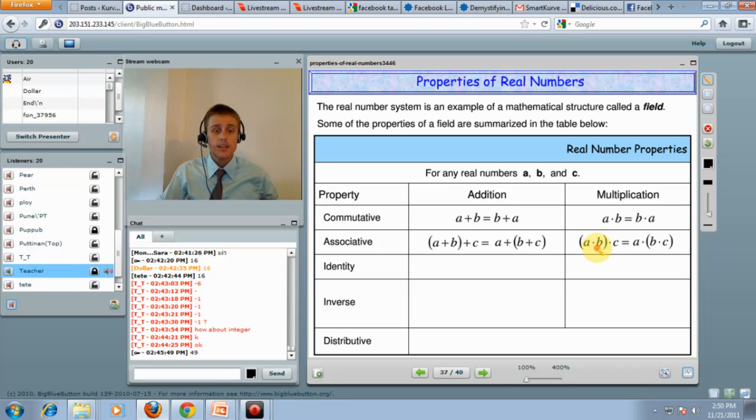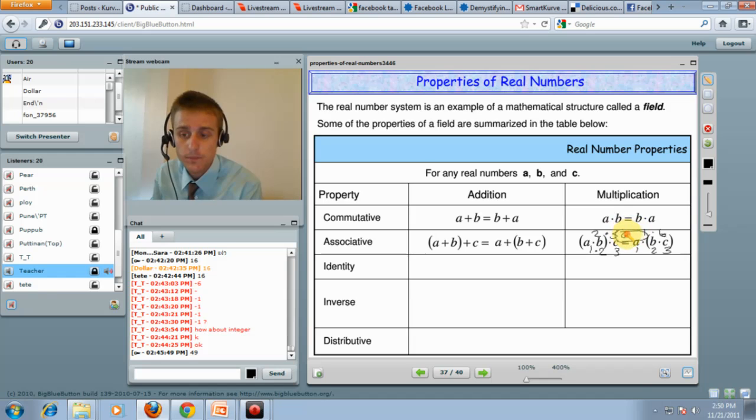If we have A times B times C, it is the same as A times B times C. If A is 1, B is 2, C is 3, we have 1 times 2 is 2, times 3 is 6. Even if we change the order on the other side, A is 1, B is 2, C is 3, we have 3 times 2, 6. Multiplied by 1, 6. It is the same. Changing the order does not change the answer.